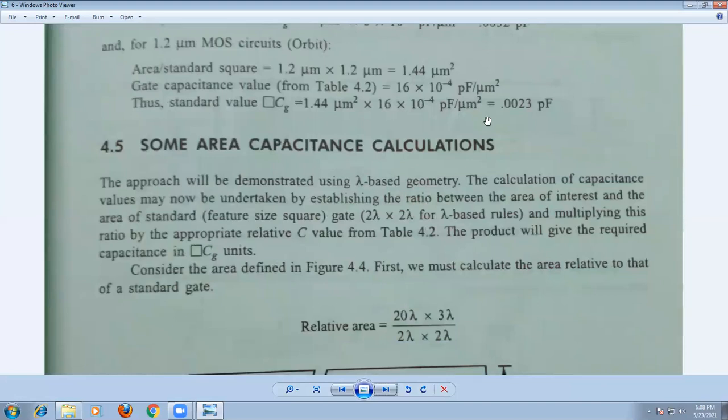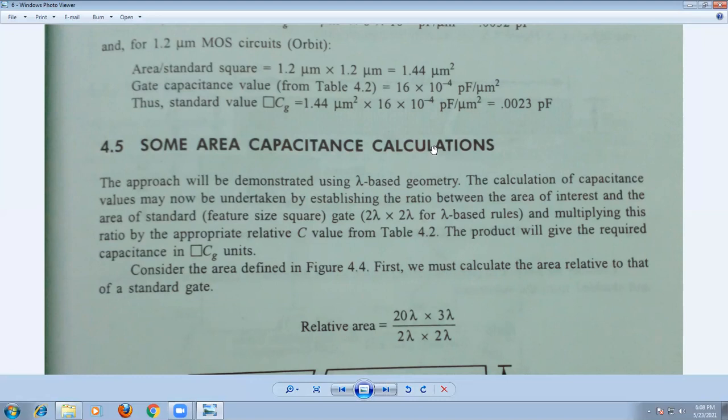How to calculate the area capacitance in lambda based technology, or in all the technologies, for the different layers. Let us assume we have the gate area, that is the standard feature size in lambda based design rules.